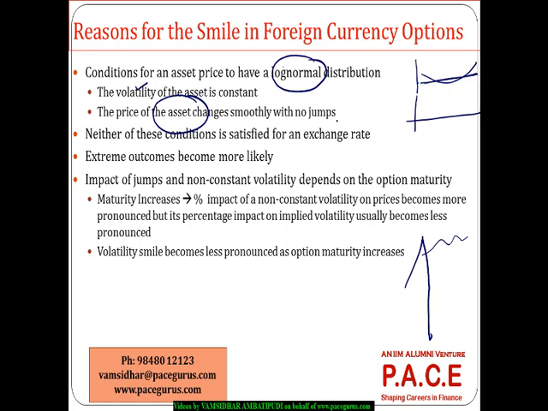Whereas in the case of foreign currency, we can very well see that even a jump is possible, and the volatility may not be constant over time. Which means I cannot purely link the foreign currency asset price movement with that of a log normal distribution. Right?